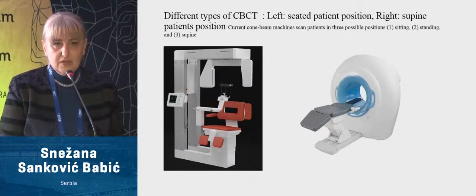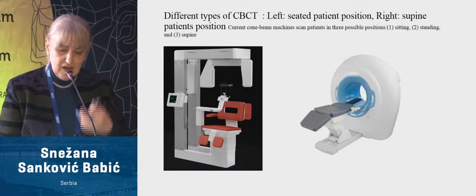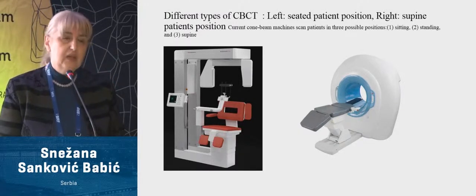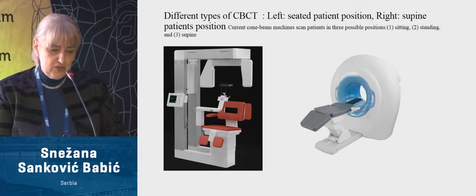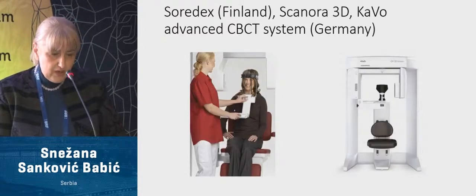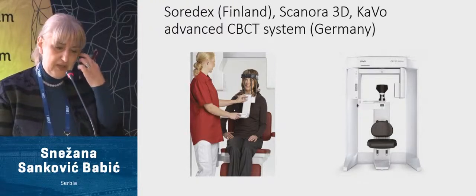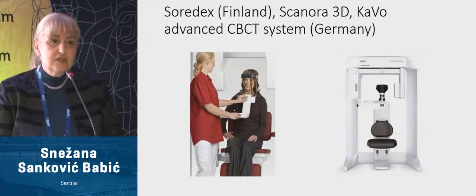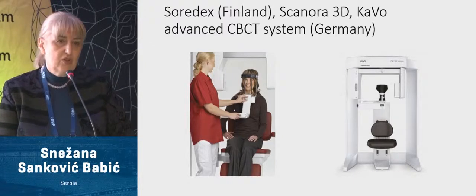At every congress we witness some new equipment that appears, like at the last World ENT Congress, where Italians presented their machine for the supine position. In our clinic, where I am currently working, we have experience with the Soredex Finland Scanora system, which is recently under the patronage of the very potent and powerful CAVO advanced CBCT system technology from Germany.